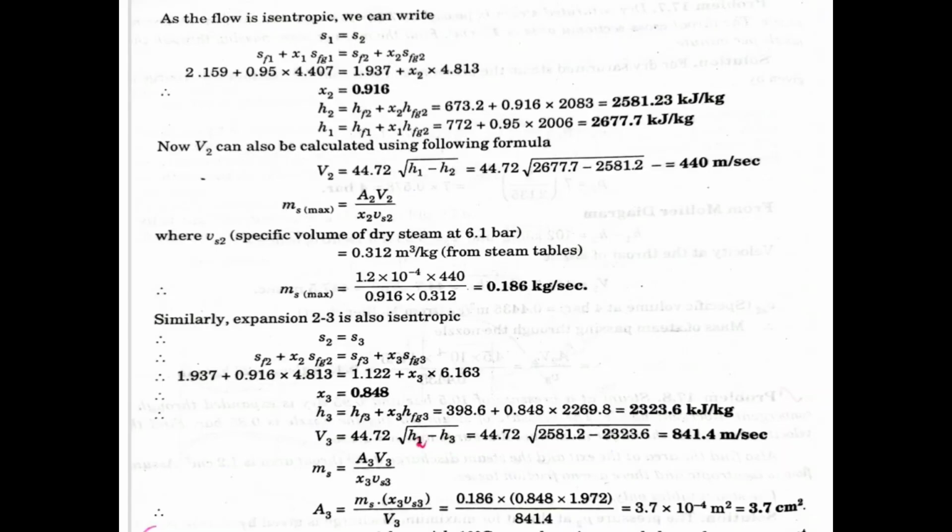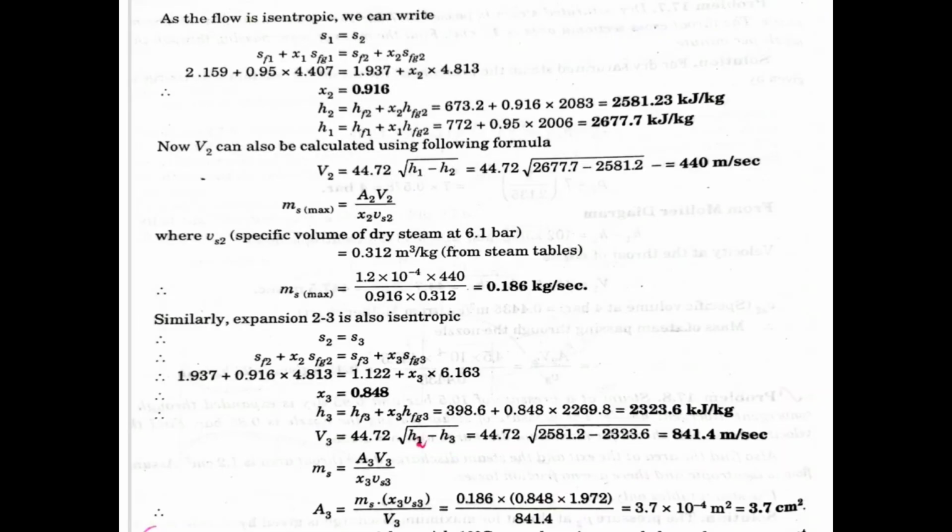Then as the flow is isentropic, S1 equal to S2. We know the wet steam formula: Sf1 plus x1 Sfg1 equal to Sf2 plus x2 Sfg2. We know all the values of Sf1 and Sfg1 from the steam table at pressures P1 and P2.